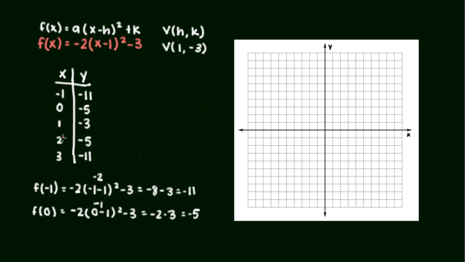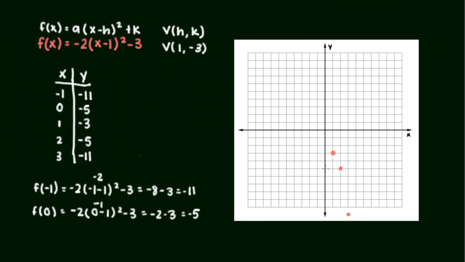We have all our points needed to graph on the coordinate plane, starting with the vertex (1, -3), which will be here. Then we have (2, -5) and (3, -11), which goes off the graph. Same thing on the other side.